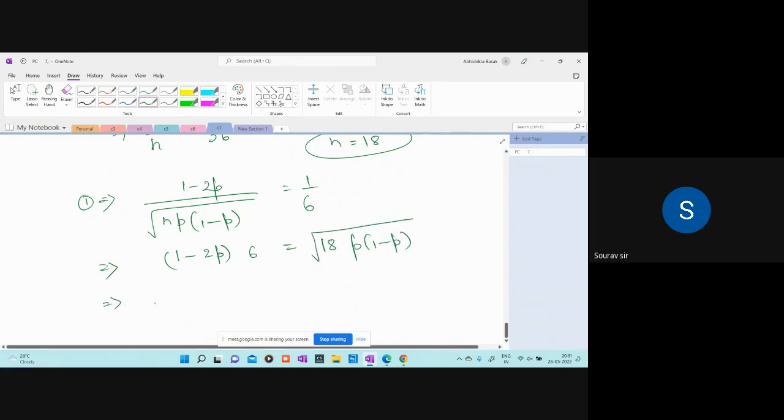Okay. So basically we can't take a square root of this thing, but what we can do is square on both sides. So we will be doing 1 plus 2p square minus 4p into 6, and we will be doing 18 into p minus p square.